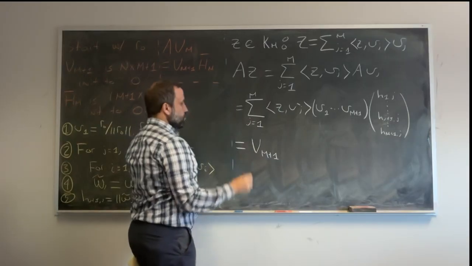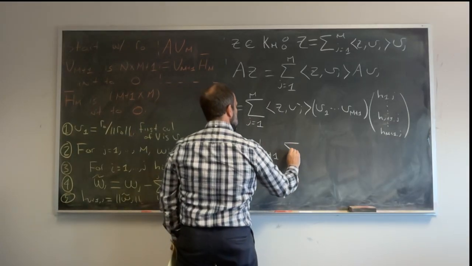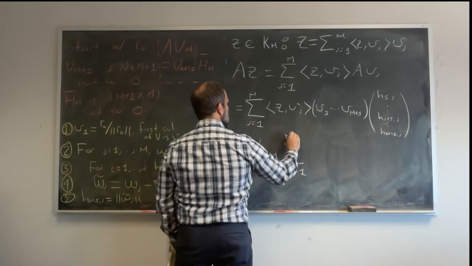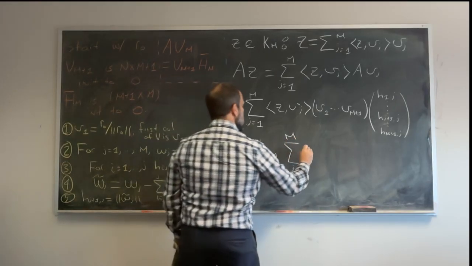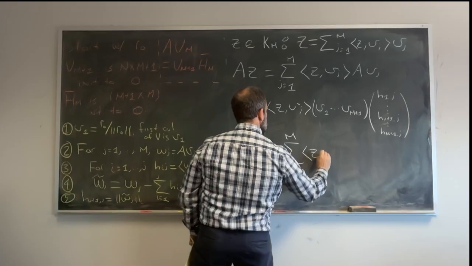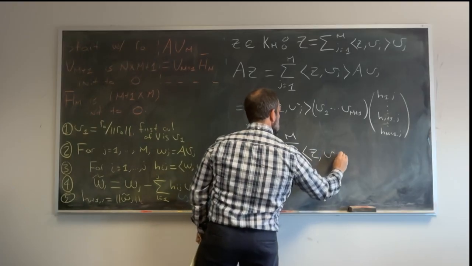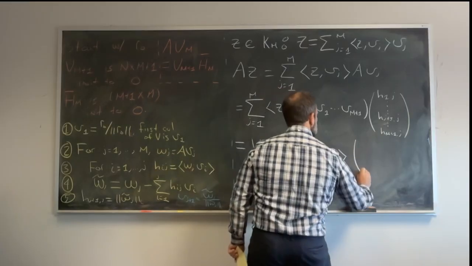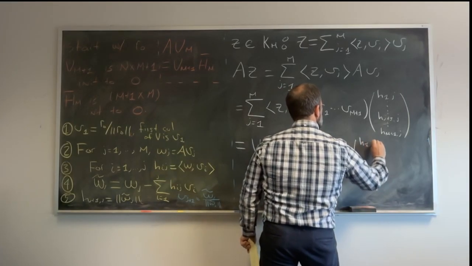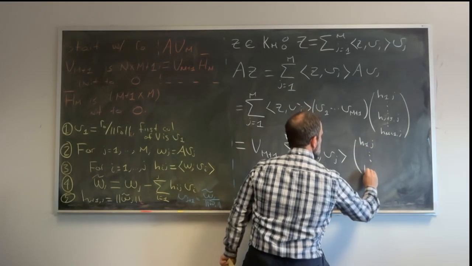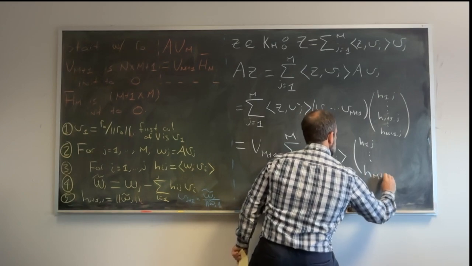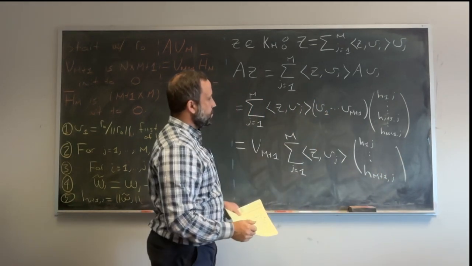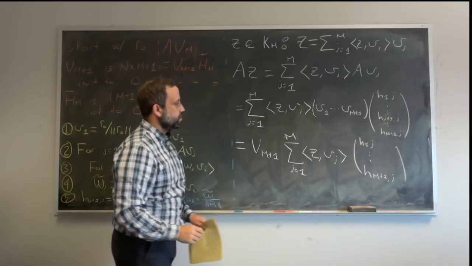Now on the inside, we're going to have the sum j equals 1 to m of z Vj times this vector here, where again the top entries are going to be whatever they are given by the formula, and the bottom entries are going to be equal to 0.